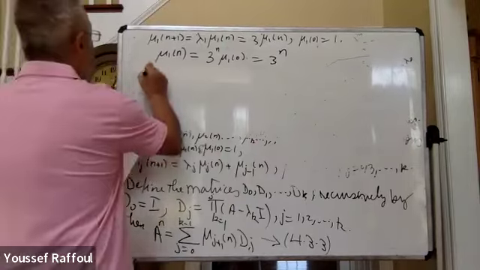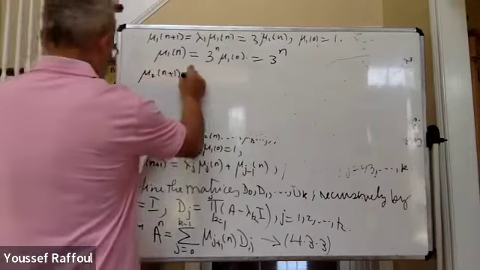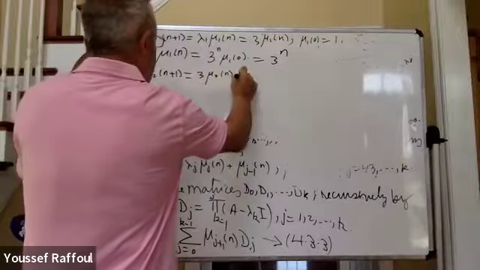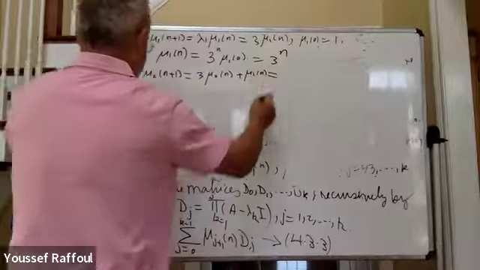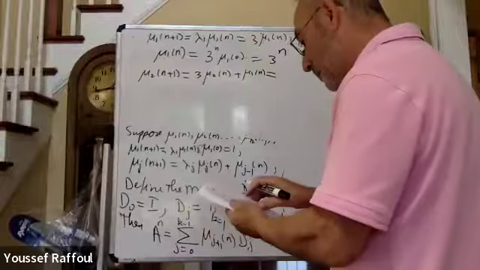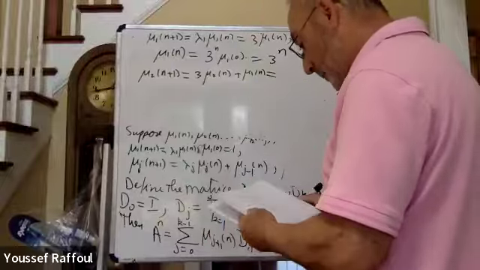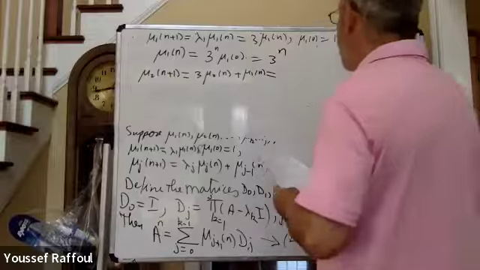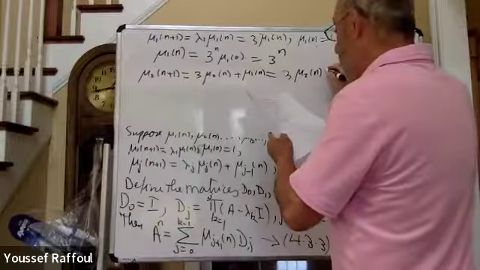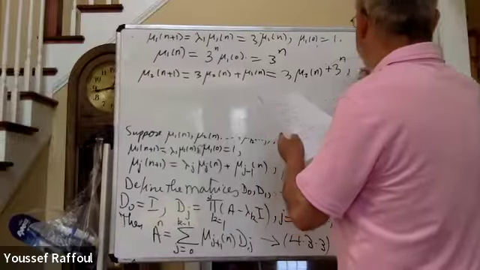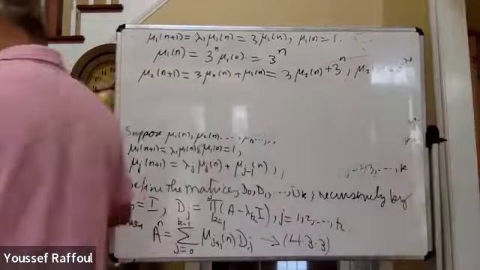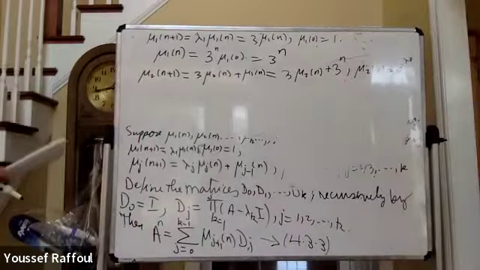Now mu2 of n plus 1 is 3 mu2 of n plus mu1 of n. That is 3 mu2 of n plus 3 to the power n, and mu2 of 0 is 0. Okay?